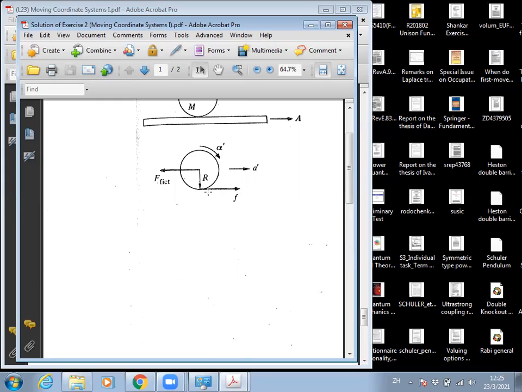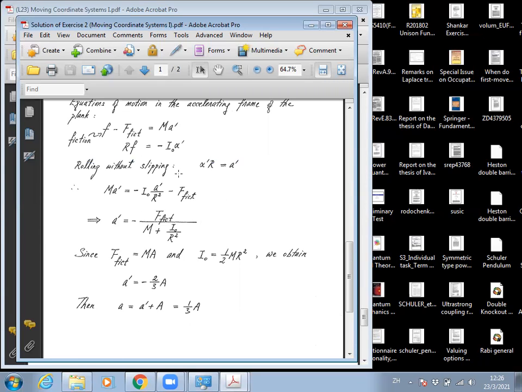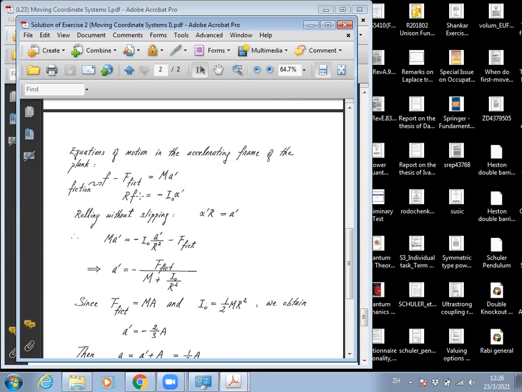Only the friction will exert a torque. So R times F, the friction, equal to minus I naught alpha prime. Why do we have a minus sign? Because we choose the clockwise direction to be positive.